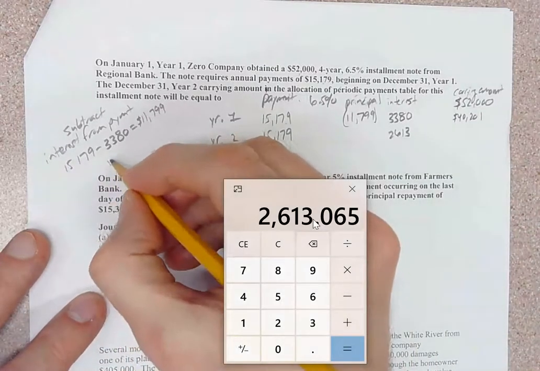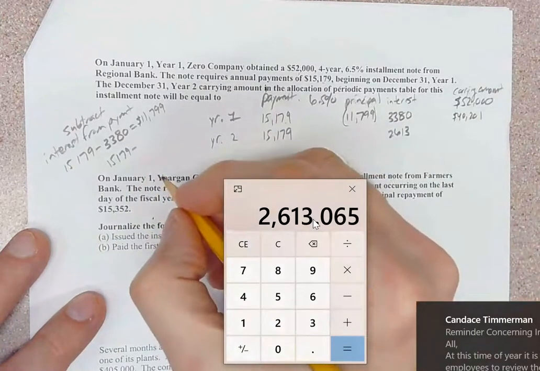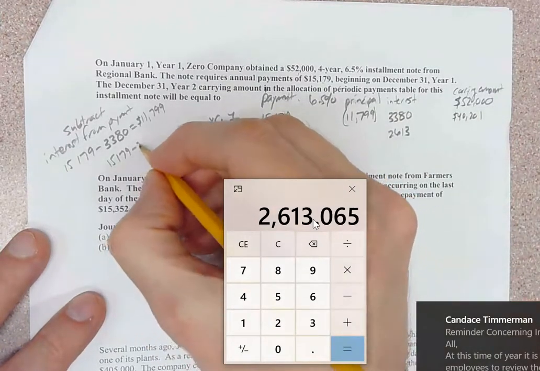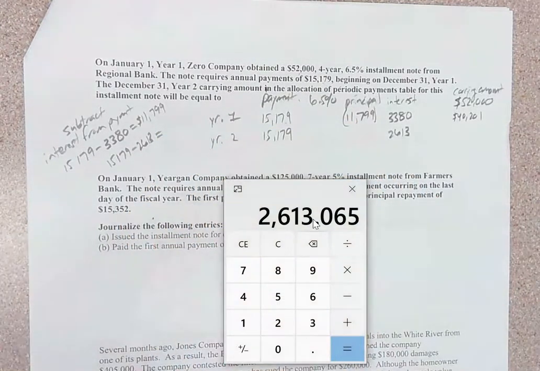And then we're going to do the same thing again. Now we would really do this with a calculator. That's okay. So let's do that with a calculator. We wouldn't really be writing all this stuff out. 15,179 minus 2,613 is 12,566.